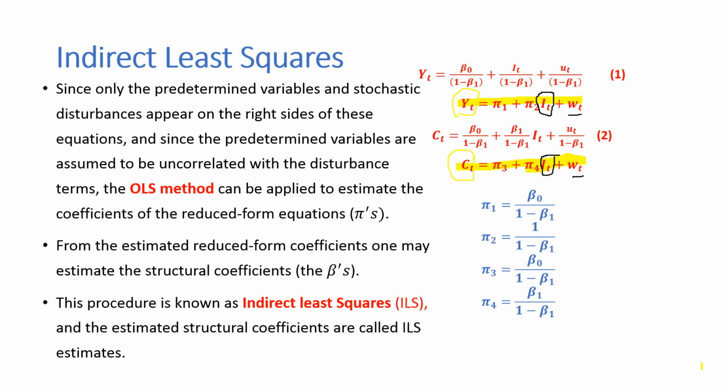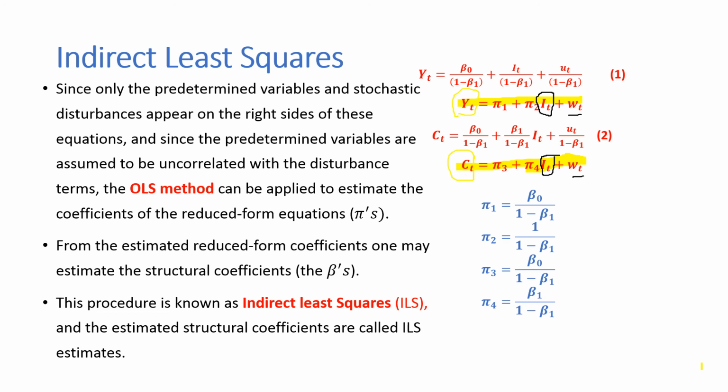And since I here, this explanatory variable, is non-stochastic, and of course it's assumed that it's uncorrelated with the error term, in these two equations the explanatory variable and the error term are not correlated. So the assumption of the OLS is now satisfied. We have two equations where the explanatory variable, the non-stochastic variable, and the disturbance are not correlated. So we can simply take each equation and fit it using the OLS method.